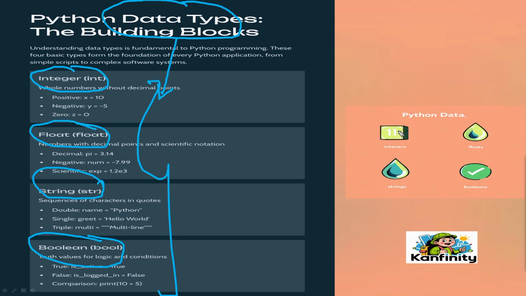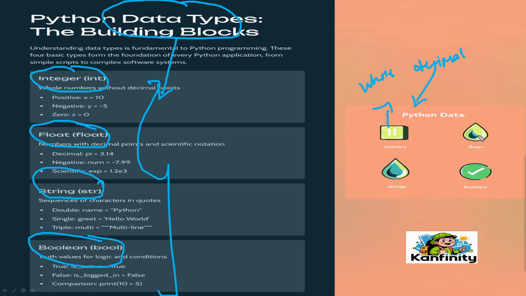The integer data types are only whole numbers, and they won't allow decimal points. If you want to display decimal points under the integer, it won't allow it.